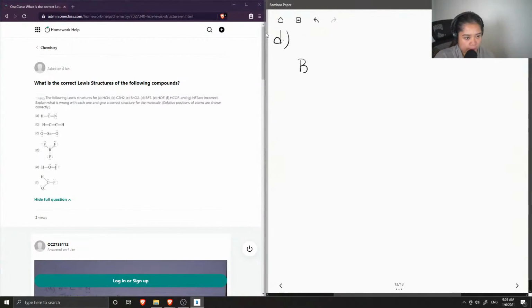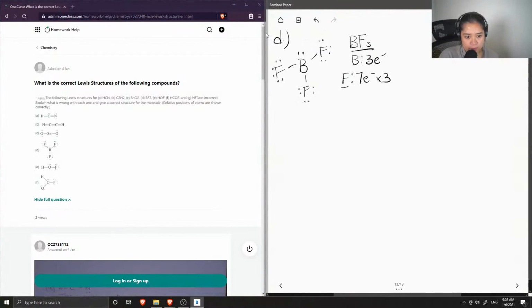We have boron that is attached with 3 fluorine atoms, and it also has a lone pair. So let's calculate how many valence electrons are supposed to be in BF3. Boron has 3 valence electrons, and a fluorine atom has 7.